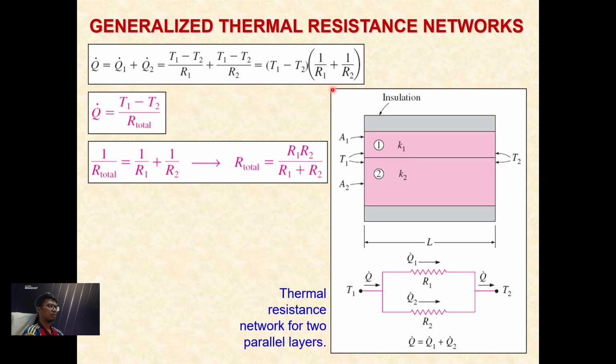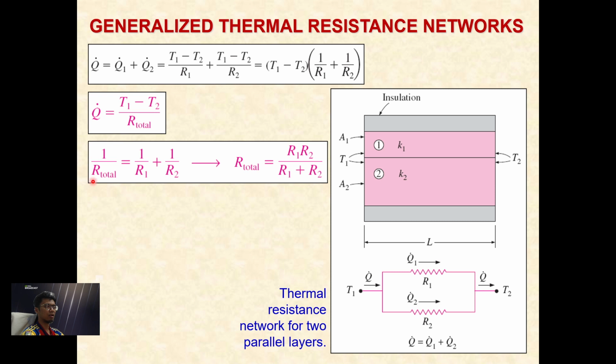And we go with the generalized thermal resistance network. What happens if your network is in parallel? For example, look at this figure. The temperature you apply on the left hand side, then the right hand side is much cooler, so the heat transfer through this will be like a parallel resistance network.